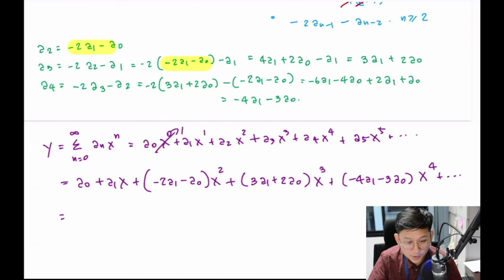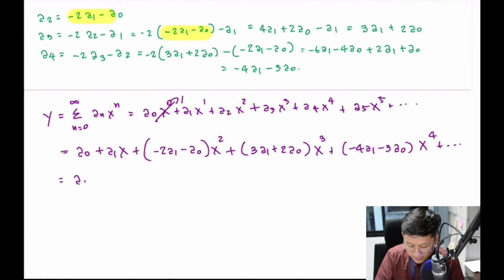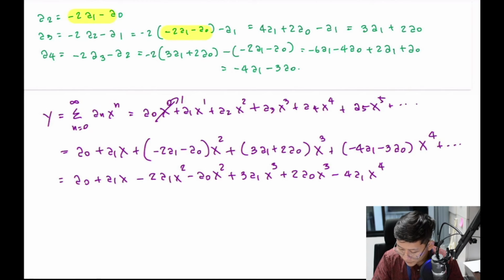Well, let me write it down to make it look a little easier. Here is a0 plus a1x minus 2a1x squared minus a0x squared plus 3a1x cubed plus 2a0x cubed minus 4a1x to the fourth minus 3a0x to the fourth.